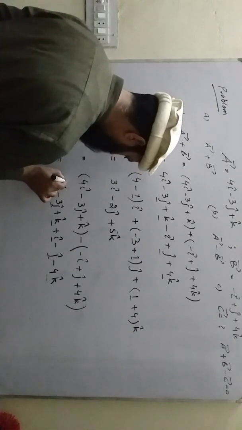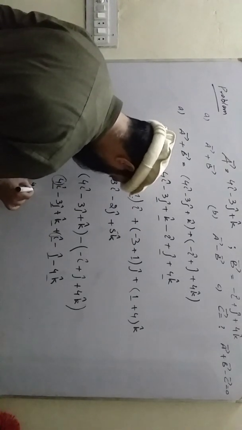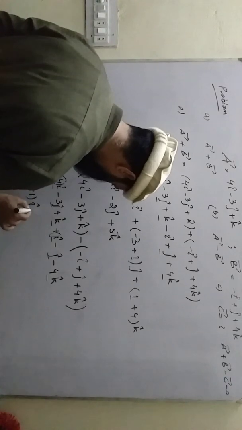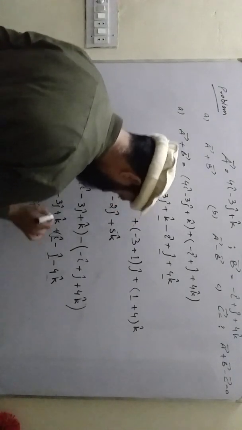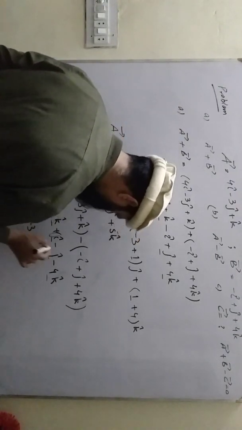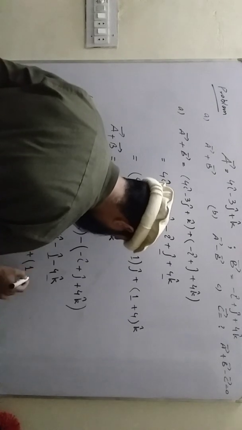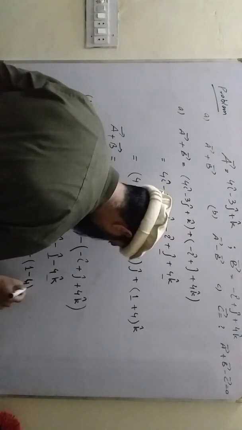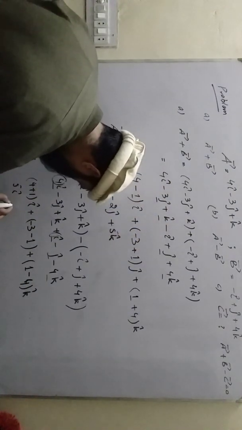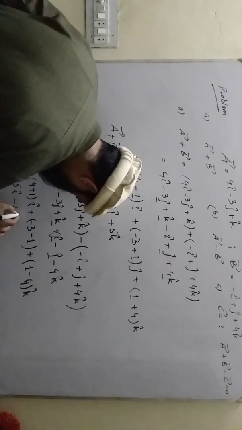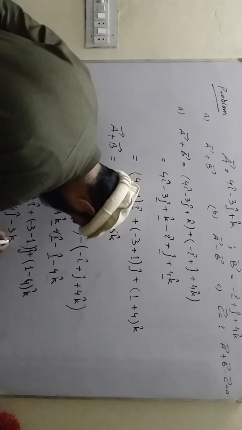The coefficient of i is 4 plus 1. Next the coefficient of j is minus 3 minus 1, and the coefficient of k is 1 minus 4. The result is 5i minus 4j minus 3k.